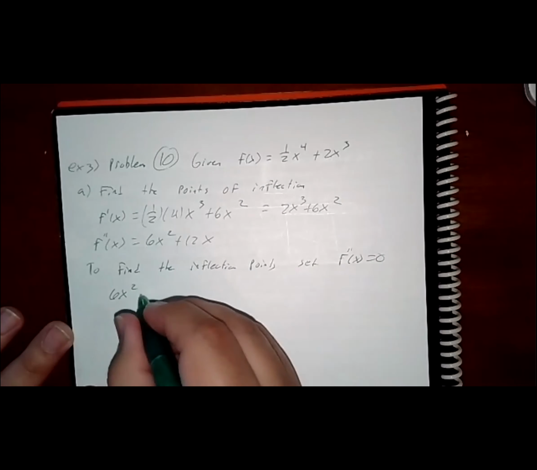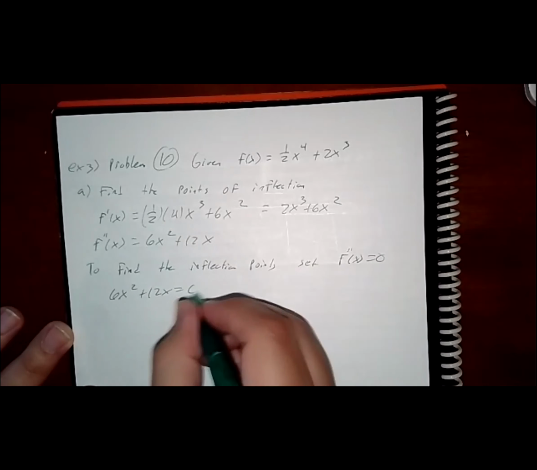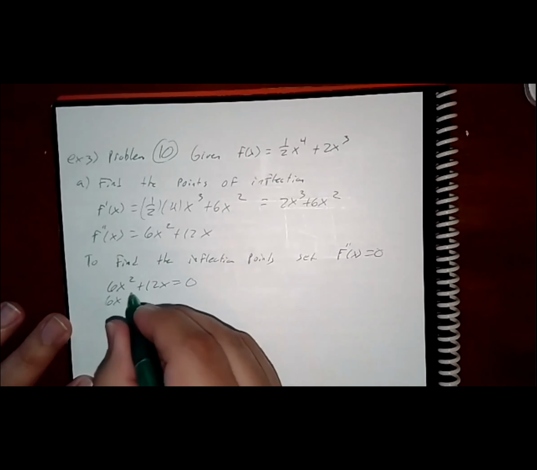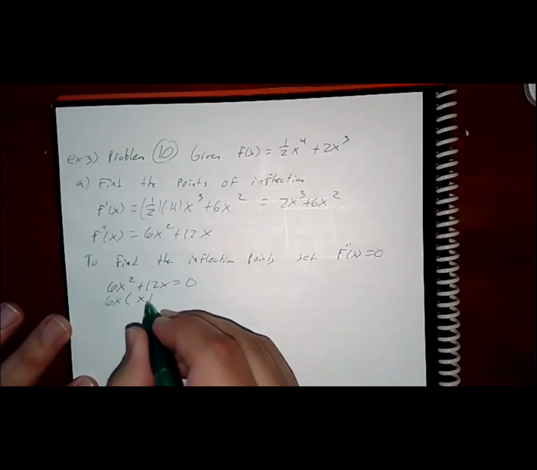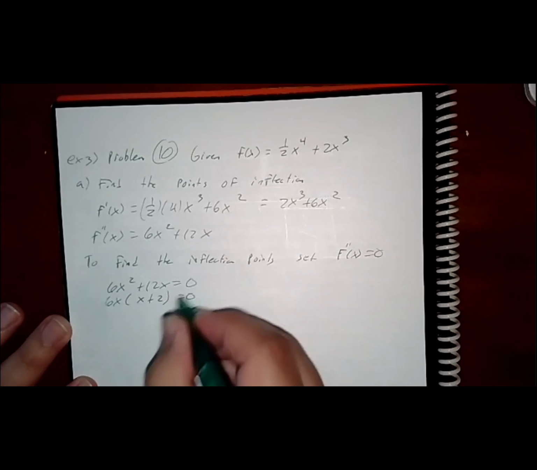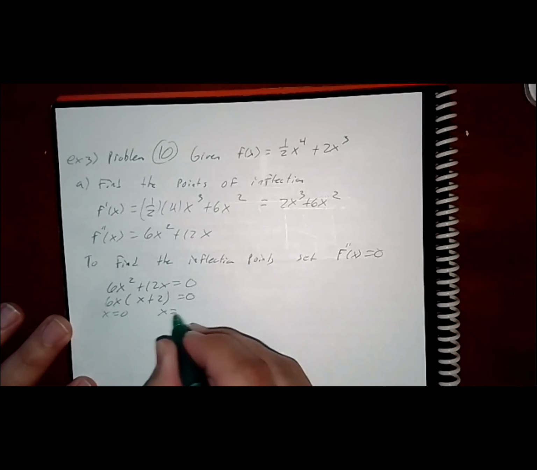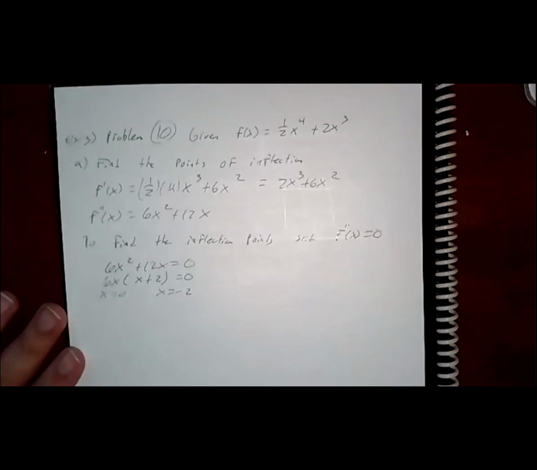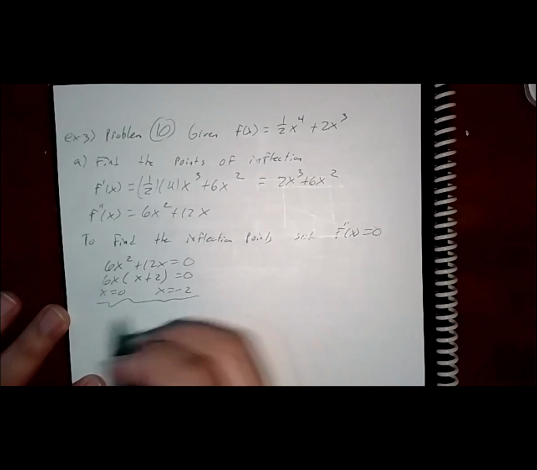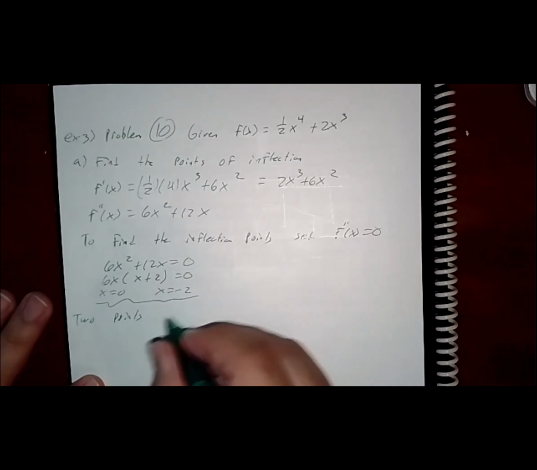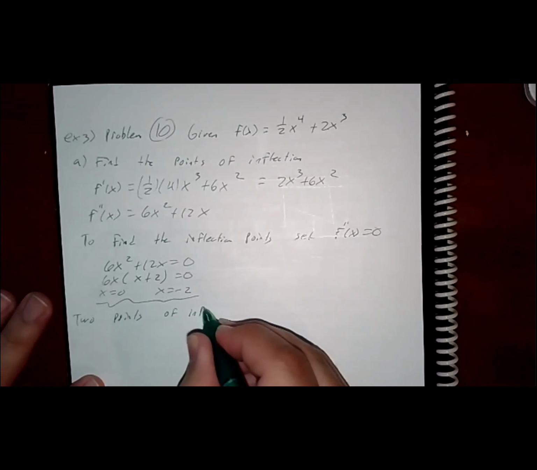So this is set to 0 on purpose. Factor, that gives us x plus 2. So x equals 0, x equals -2. So this has 2 points of inflection.